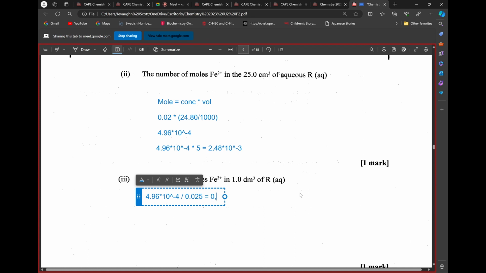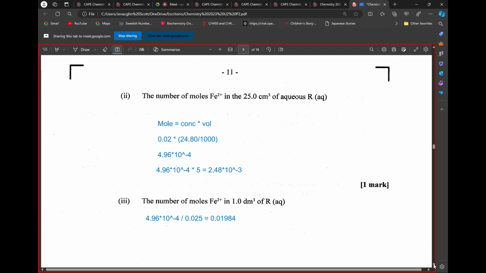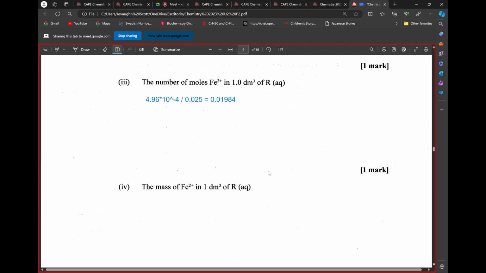0.01984. All right, so I think the issue was happening because I was going through the question, and the answer here seemed quite right. So let's see what's happening here.